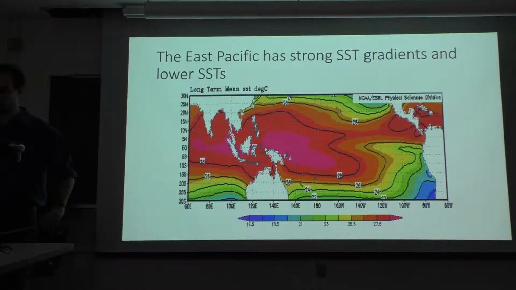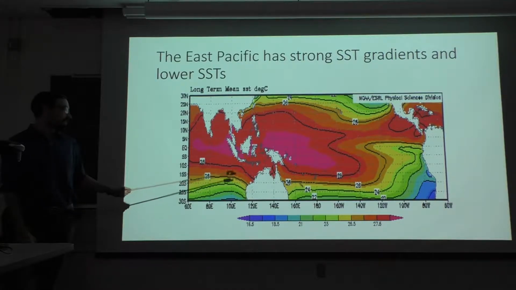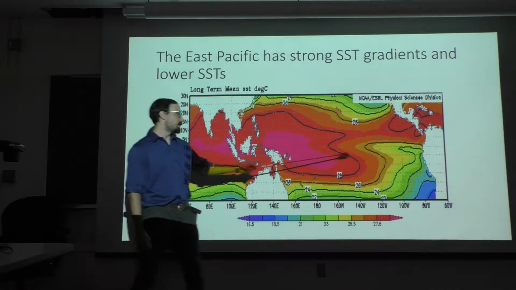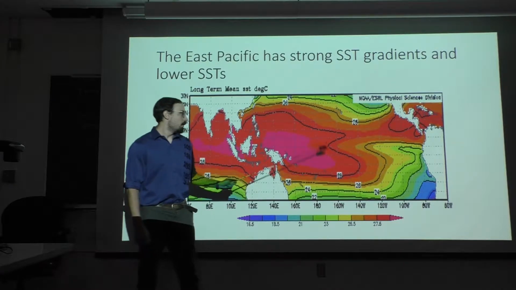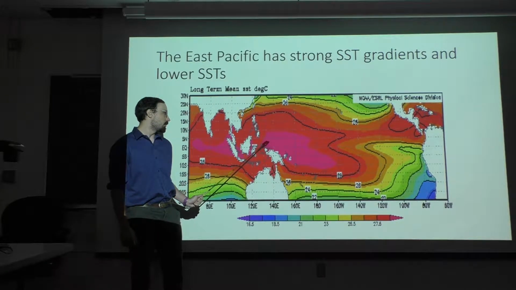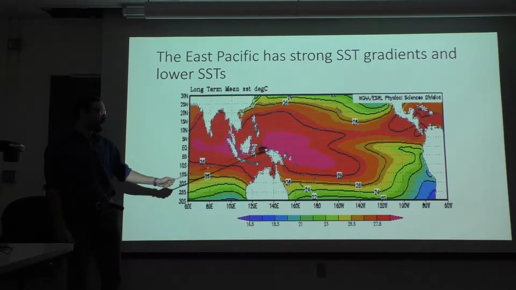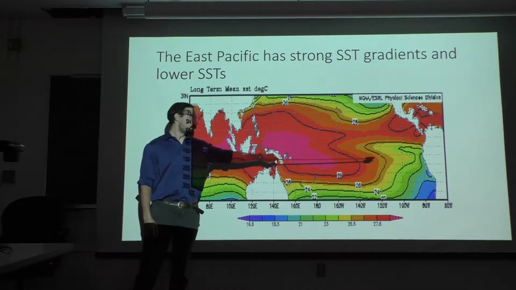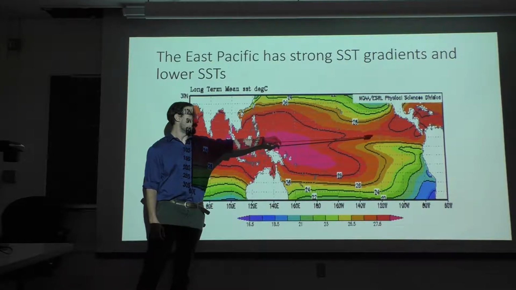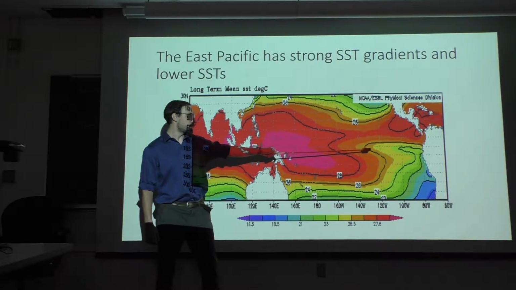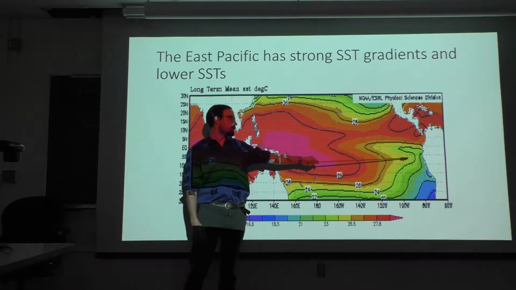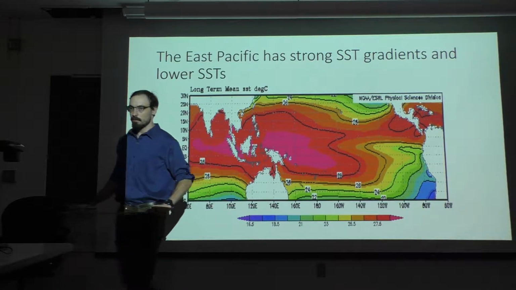And like I said, we see these SST gradients primarily in the East Pacific along this cold tongue, where in the West Pacific warm pool, it's basically just a blob of hot water. In the East Pacific, we have very cold that approaches very warm, and this drives convergence and the meridional winds extremely strongly in that area along the surface.